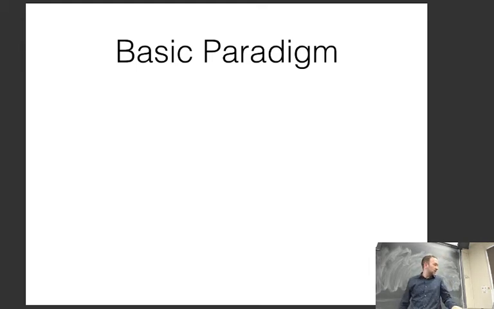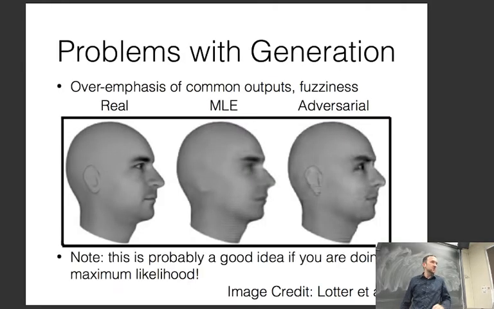So if we go back to this example, I think the reason why this works becomes very intuitive. If you have a regular maximum likelihood trained model, it will choose to be fuzzy, because it's safer to generate a fuzzy image that looks like a lot of other average images than it is to generate a very sharp image and maybe get it very wrong.